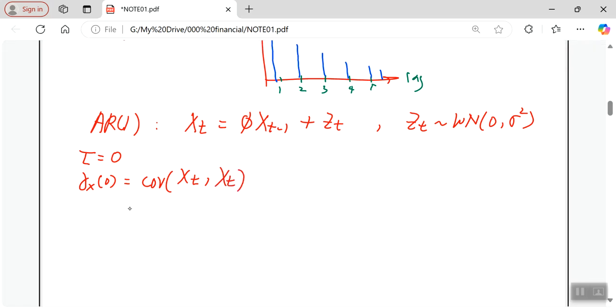When we expand it, we have the covariance of phi Xt minus 1 plus Zt, with phi Xt minus 1 plus Zt.